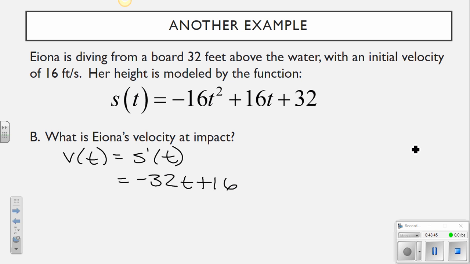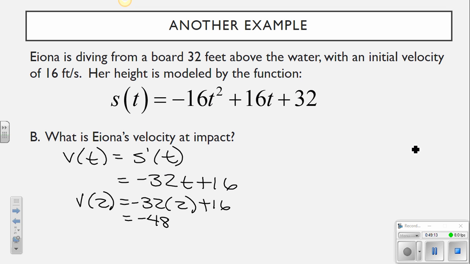Next, how am I going to find out how fast she's traveling at 2 seconds? Plug in t for 2, right? So do you guys see that it takes her 2 seconds to hit the water? I want to know how fast she's traveling then. So now this is going to be v of 2 is equal to this. So how fast was Iona traveling when she impacted the water?